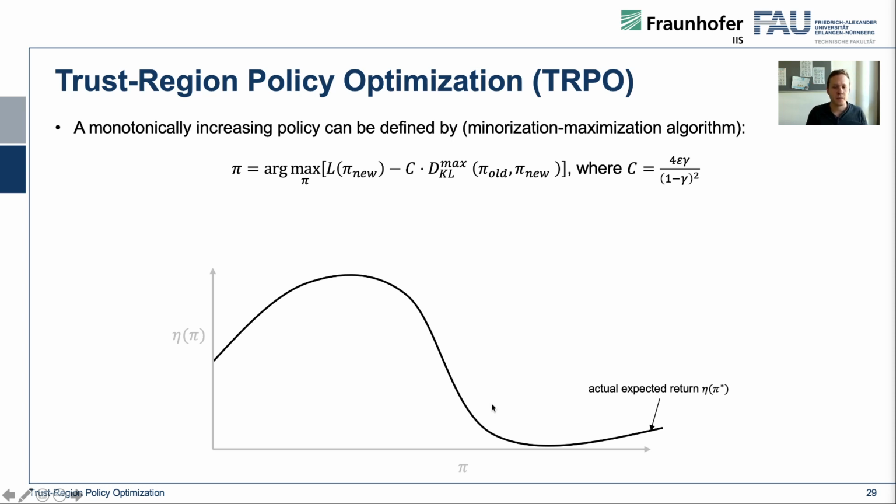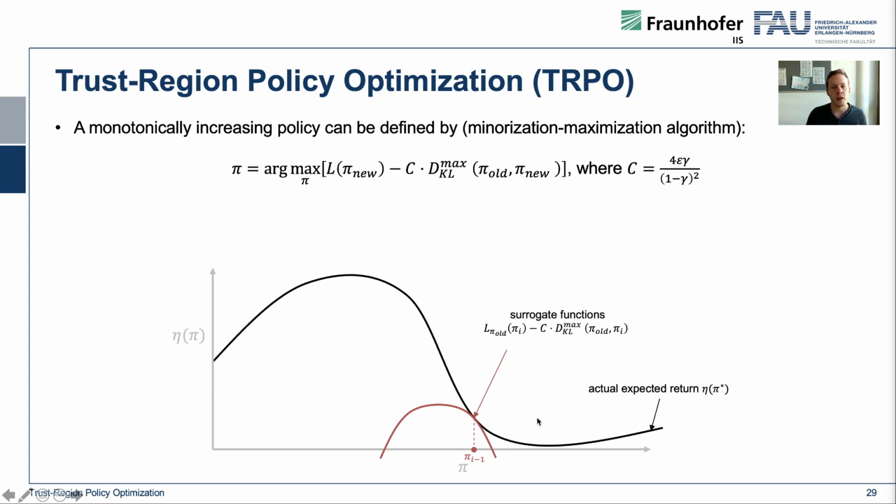And now, as we optimize in iterations, let's just define this objective function with our surrogate functions. What we want to do is find surrogate functions that lower bound our objective function, which is the actual expected return eta.